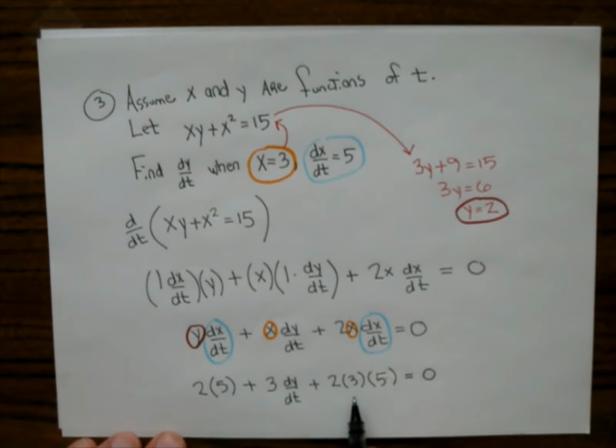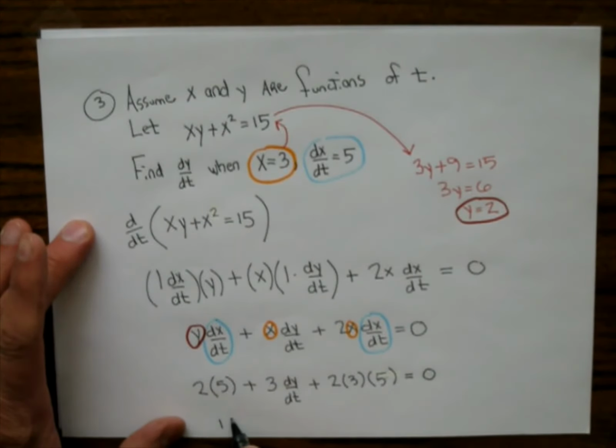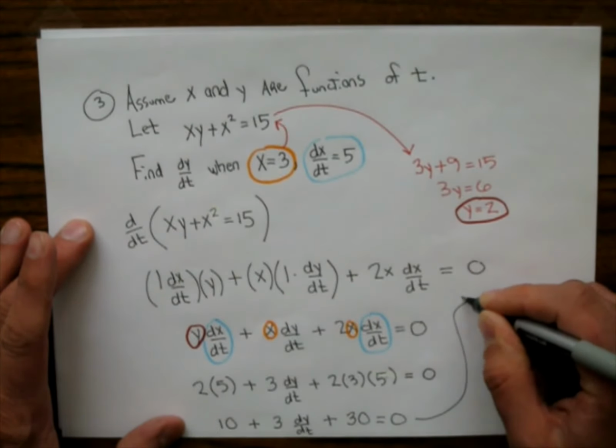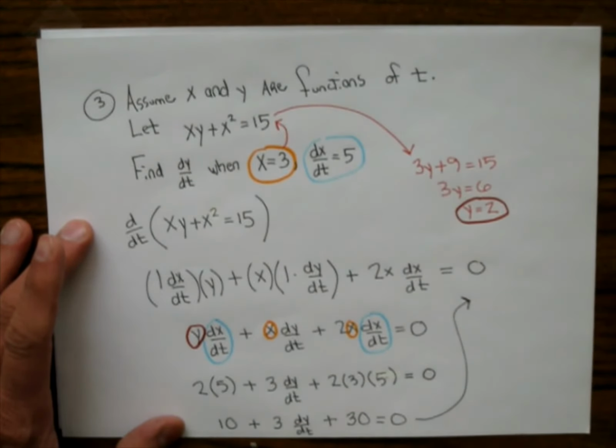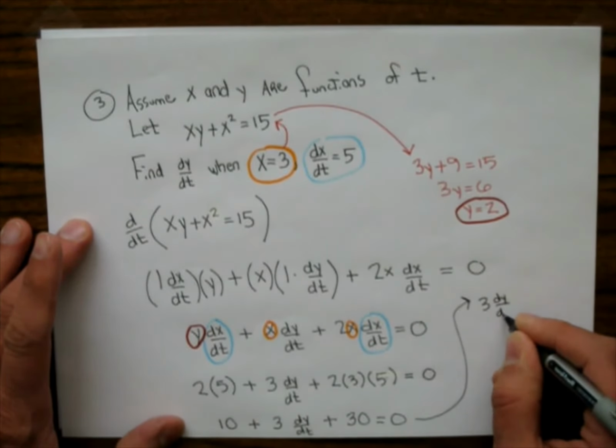Okay, so what we have here is, we're running out of space. 10 plus 3 dy dt plus 30 equals 0. Bring it up here. There's 40 that I'm going to subtract, so I have 3 dy dt equals negative 40.